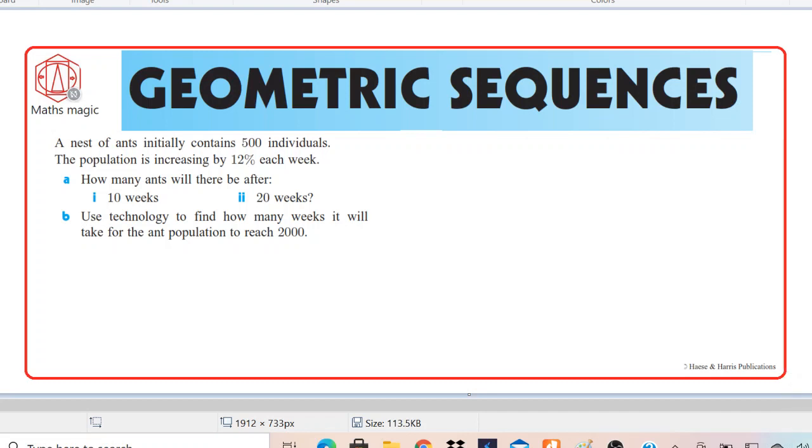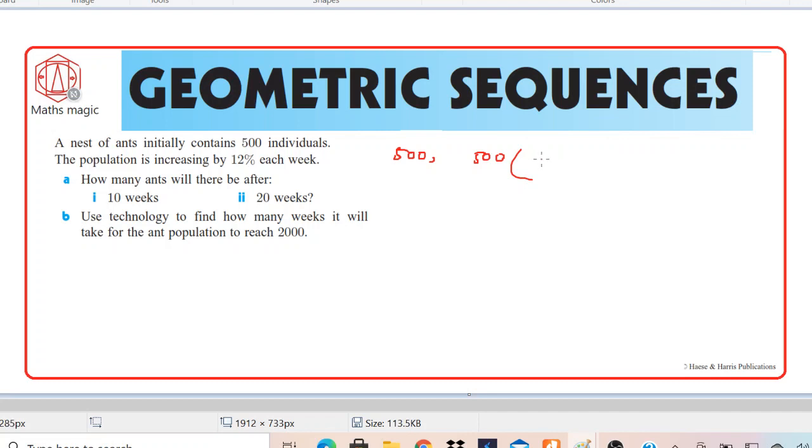First of all, you have to see over here how it is a geometric question. Our population is 500 initially, so let's write 500. Next week is going to be 12% more.